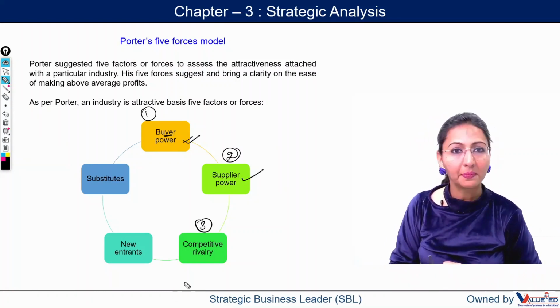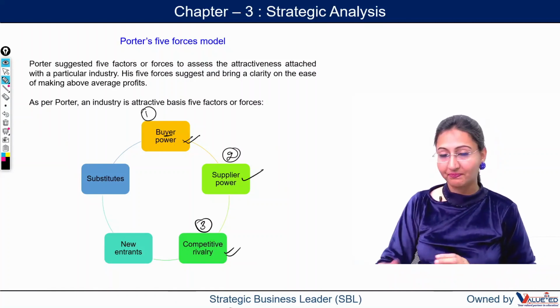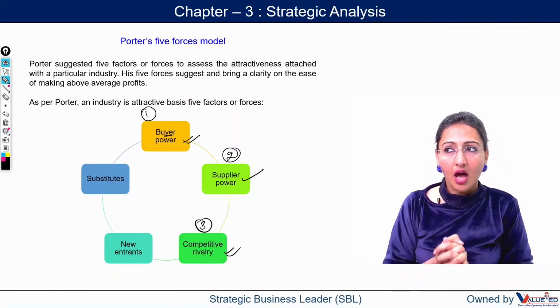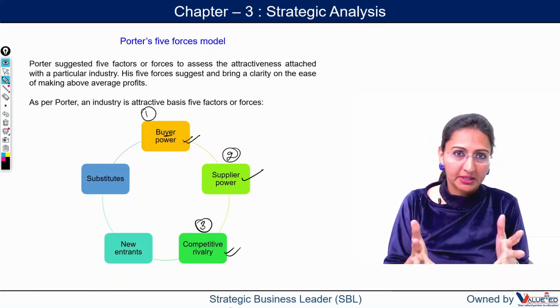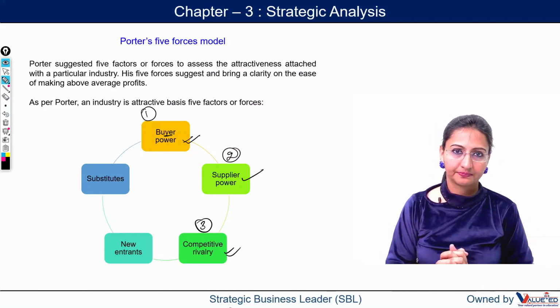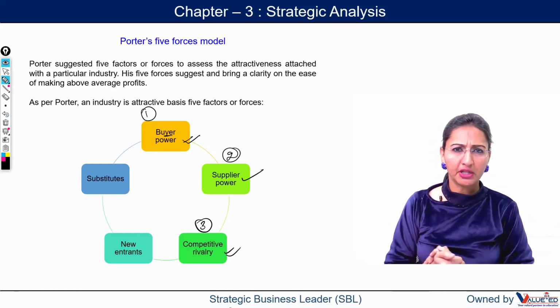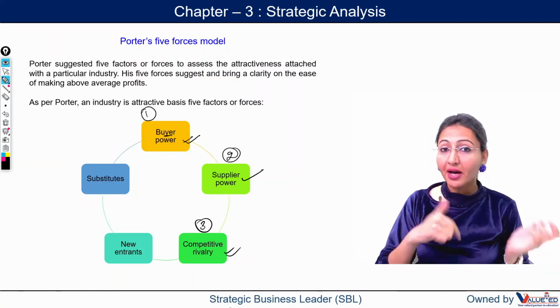Then coming to the third part, competitive rivalry. How deep does the competitive rivalry exist? Is there cutthroat competition in the market? Let me give you an example.